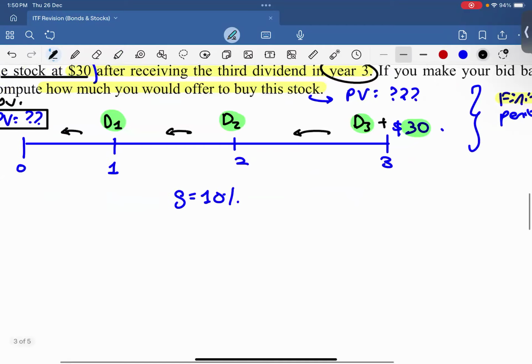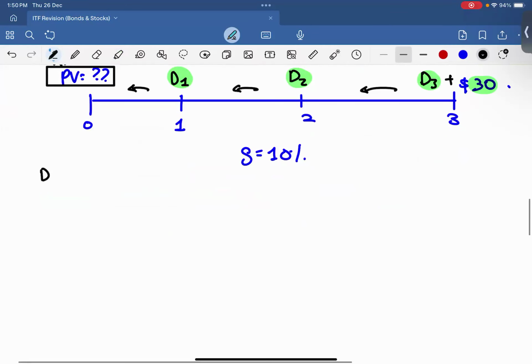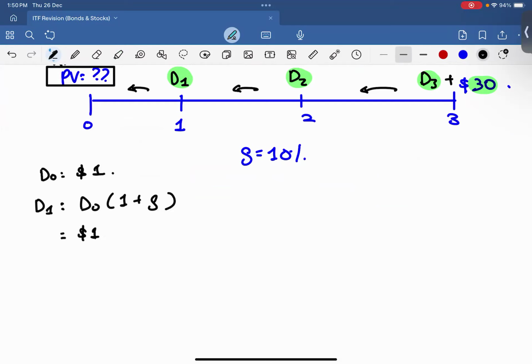Okay, so first of all, D0 is how much? $1. So D0 is $1. So now I can calculate D1. How to calculate D1? D0 times (1 plus G). So $1 times (1 plus G). G is 10%, 0.1. So you will get 1.1.